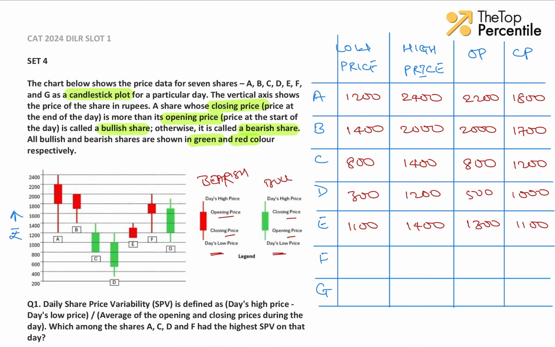Let's go to F. Again, it's a bearish share. Lowest is 1200 and highest is 2000. Opening is 1800 and closing is 1600. Okay, let's go to G. It is a bullish share. Lowest is 1000, highest is 1900.